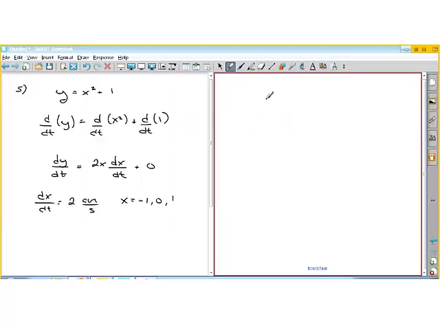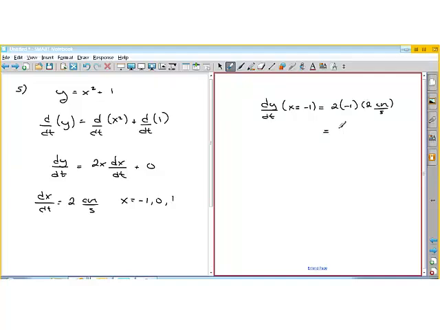So dy/dt at x equals -1, we just plug in -1. So we get 2 times -1 times dx/dt, which is 2 centimeters per second.